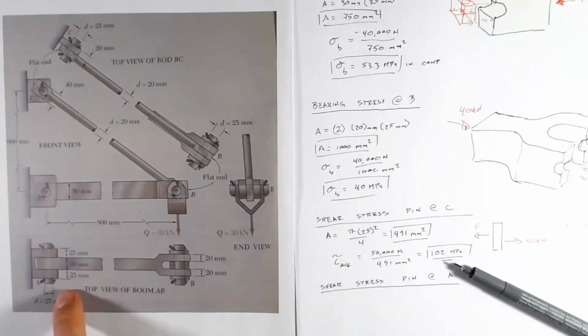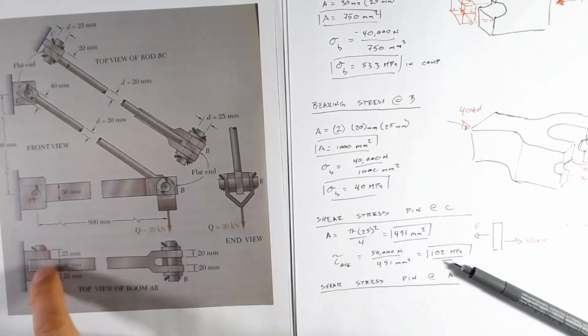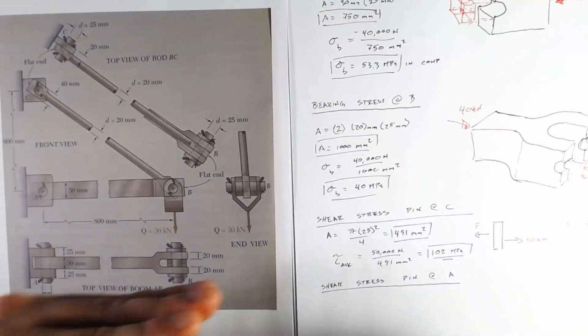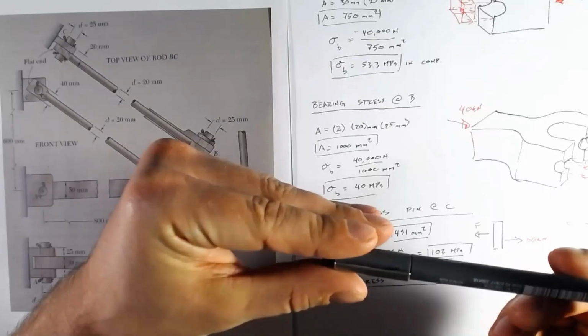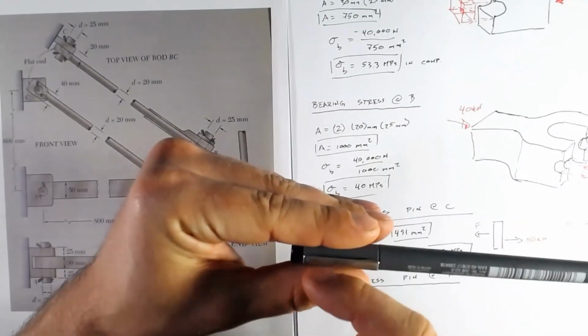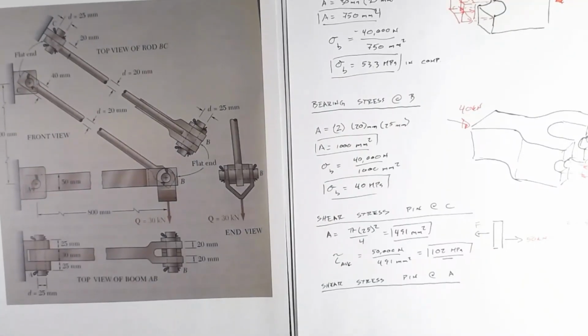Now at A, well, we have this clevis. So we've got 2 plates and then a plate in the middle. So you have a clevis like this and a plate in the middle trying to get pulled. So now we have 2 shear planes. So it is in double shear.